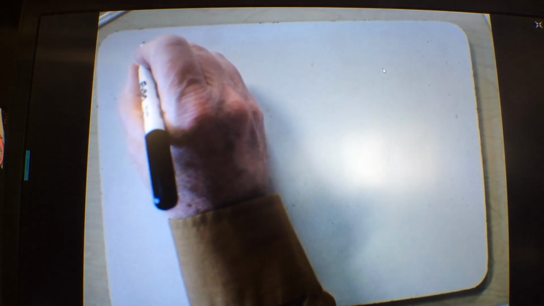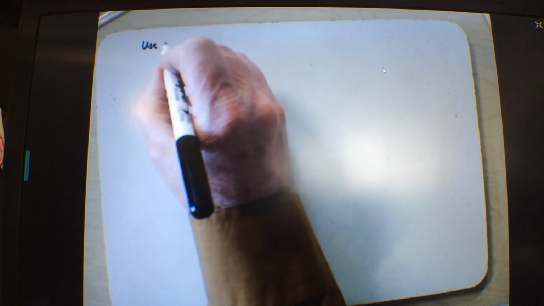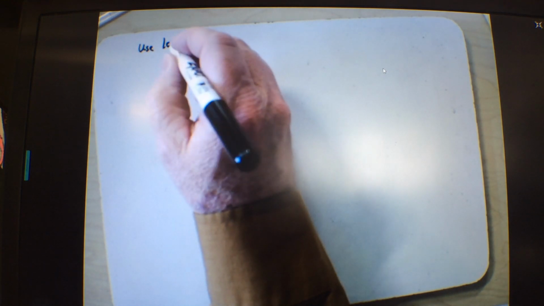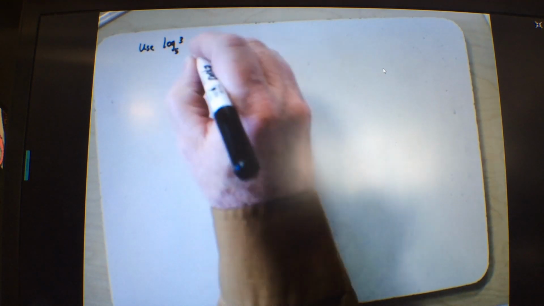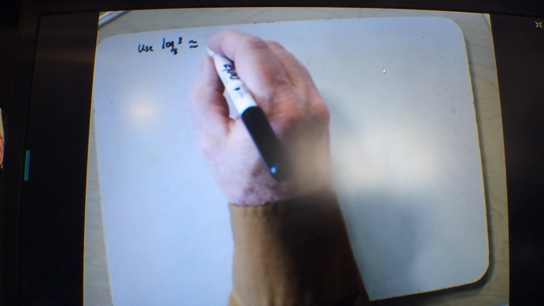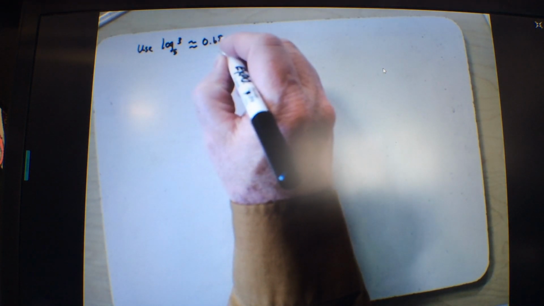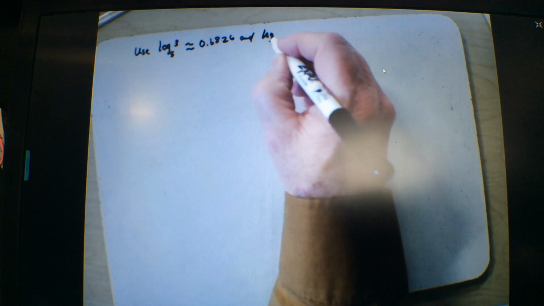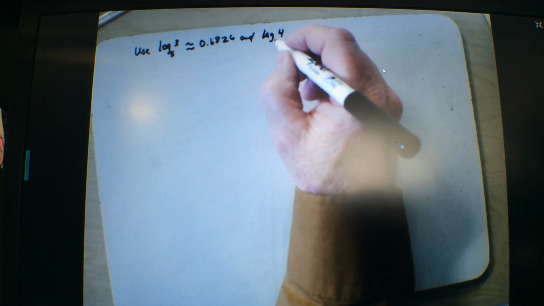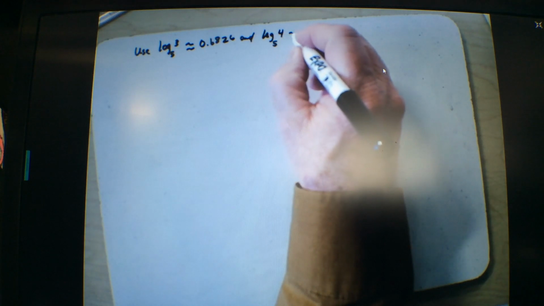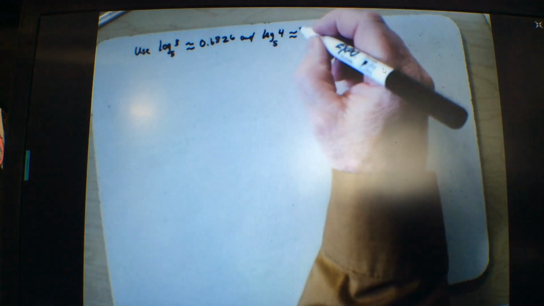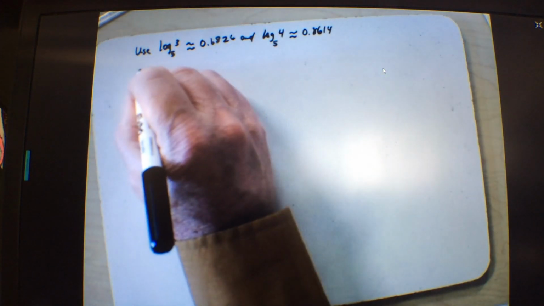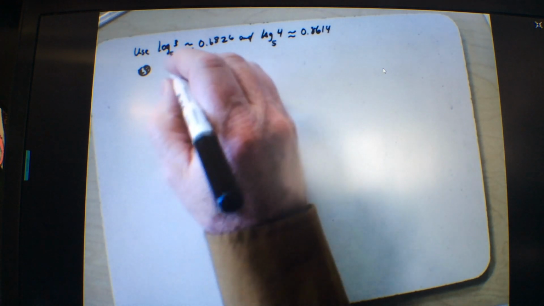It says, use the log of 3 base 5 is approximately equal to 0.6826, and the log of 4 base 5, they gotta have the same base, don't they? Is equal to 0.8614, is that right? And we gotta find each, and number 28 says the log of 40 base 5.